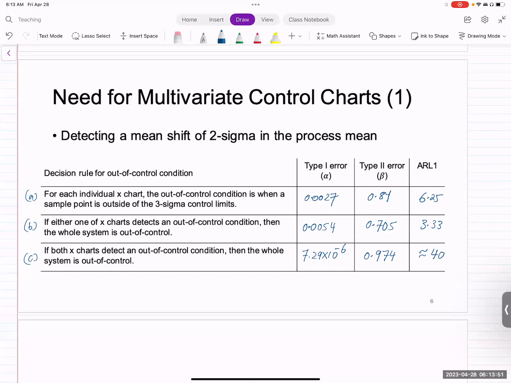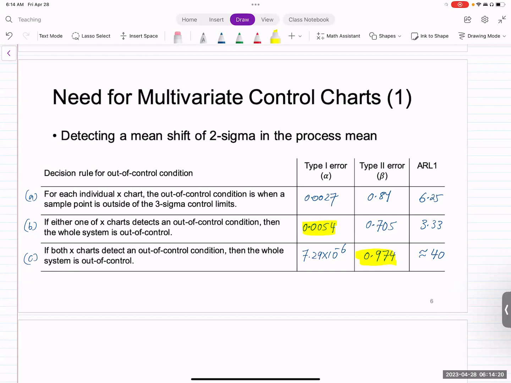Okay, so now you see something going on here. When we're using an individual control chart in part A, where you have just one quality characteristic, you have type 1 error of 0.0027 and type 2 error of 0.84. But if you use multiple control charts together, you could see an inflation in type 1 error, or an inflation in type 2 error, right?